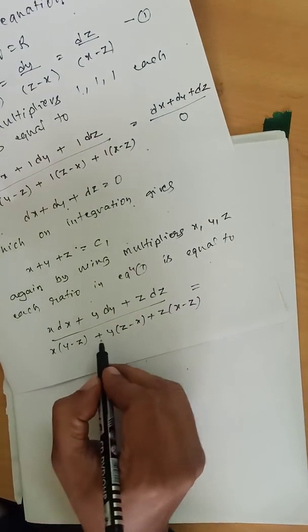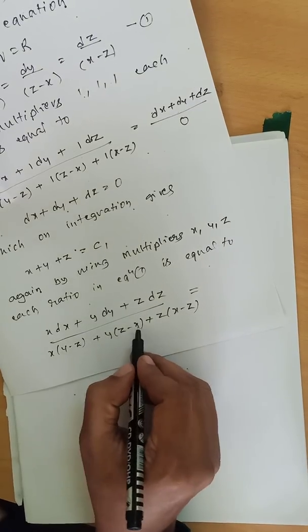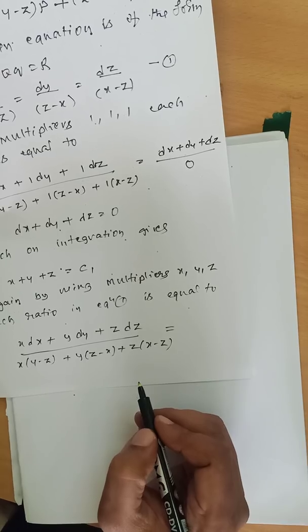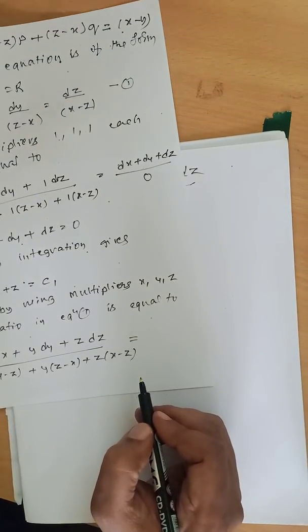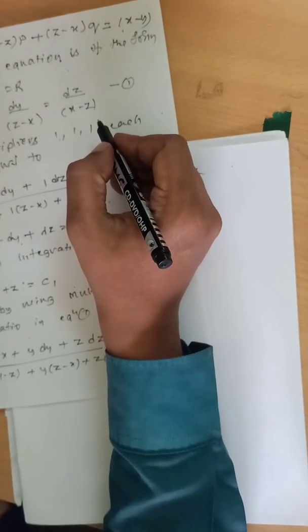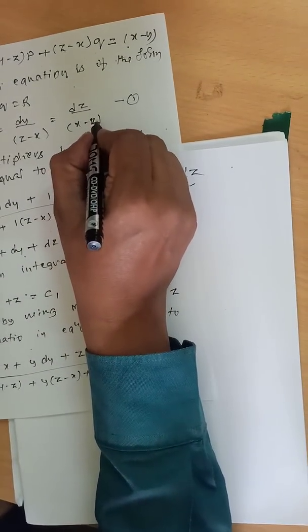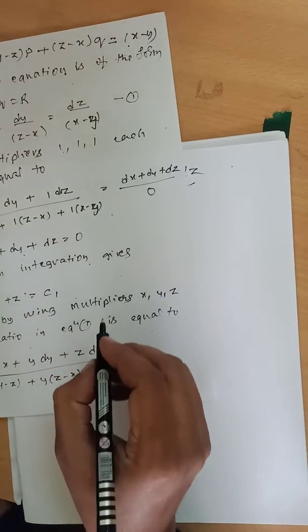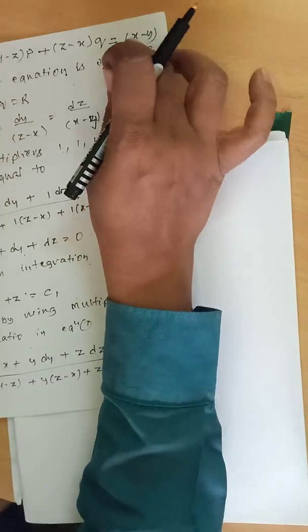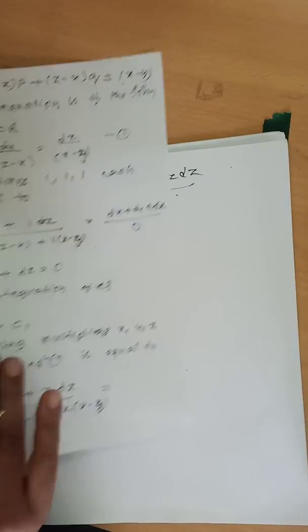Denominator, what happened? xy minus xz plus yz minus yx plus zx minus zy, because here right hand side is x minus y, not x minus z.